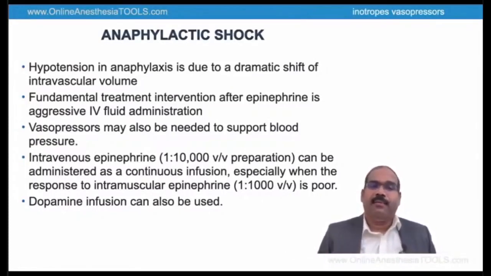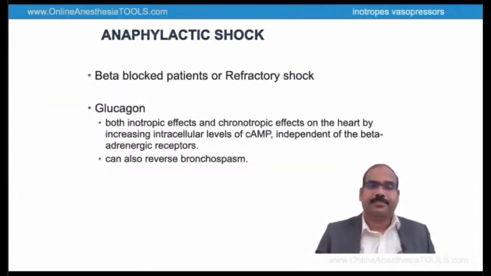IV epinephrine 1 in 10,000 solution can be administered as continuous infusion, especially when the response to intramuscular epinephrine is poor. Intramuscular epinephrine is usually the first route of administration of choice. And of course, you can take the help of dopamine infusion in such scenarios after getting a maximal effect of epinephrine.